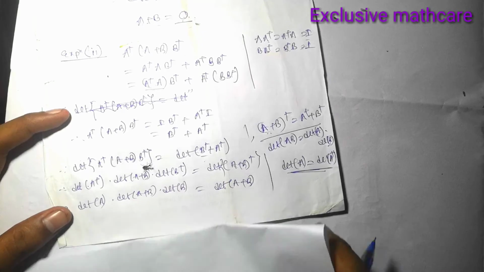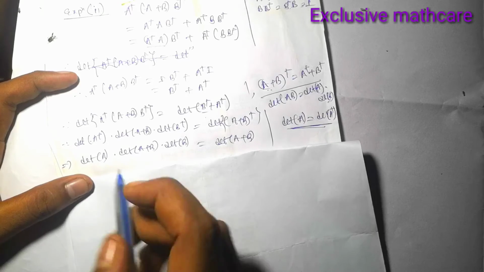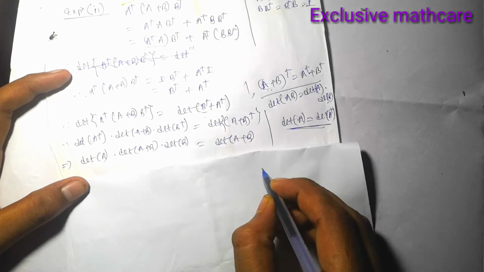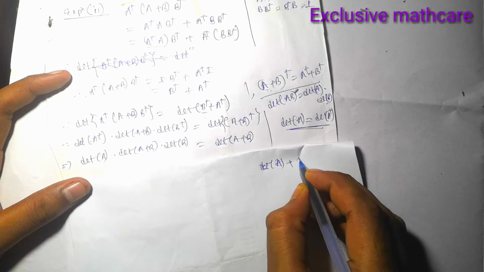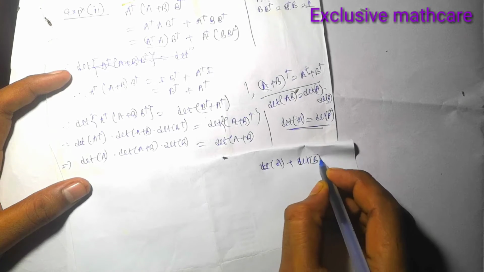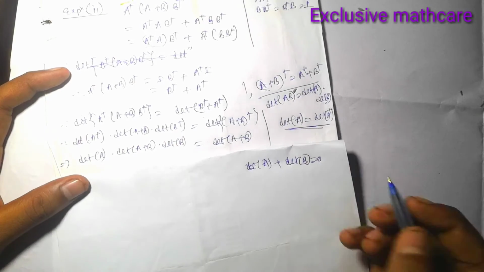So next, also given det A plus det B equals 0.